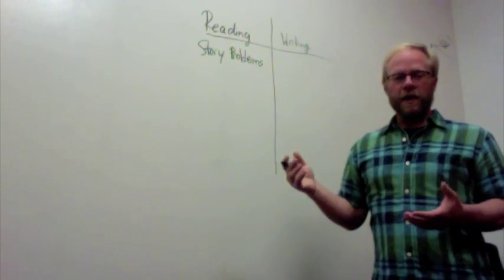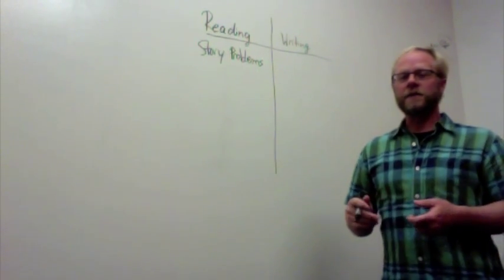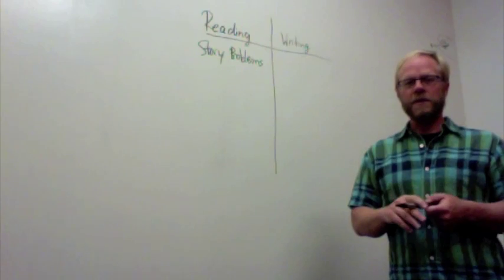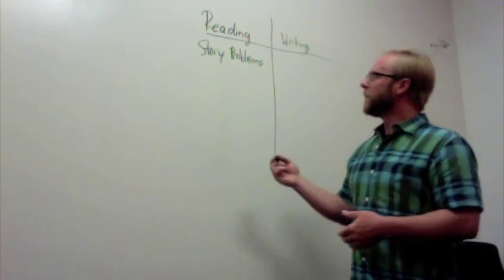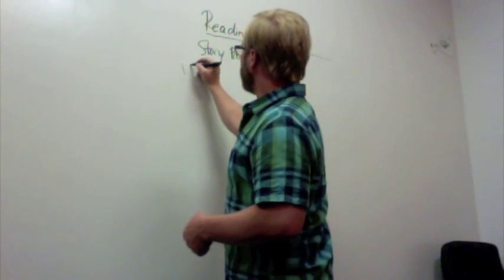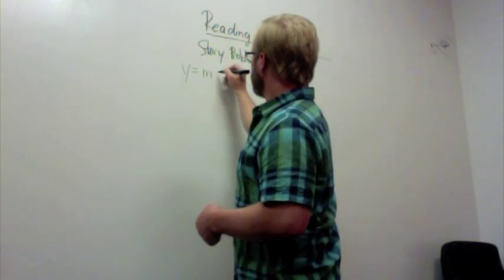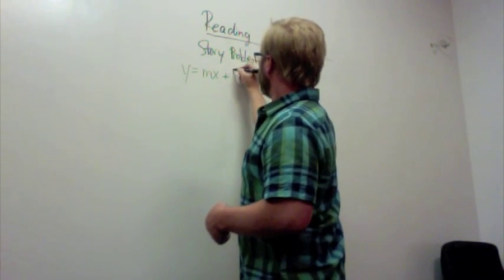But another kind of reading that we do a lot in math class is interpreting symbolic representations of relationships. A really common one is the typical linear equation.